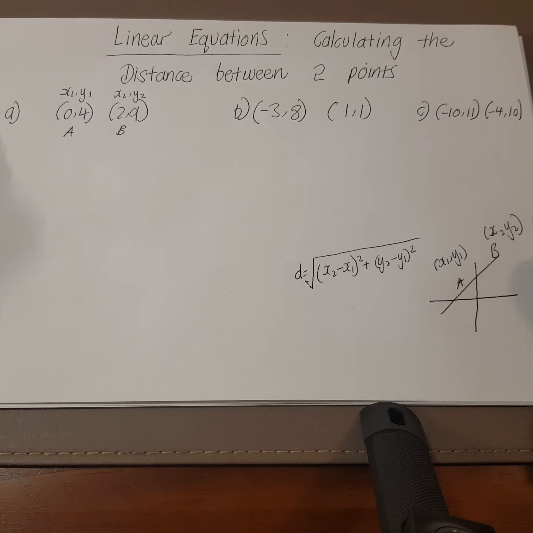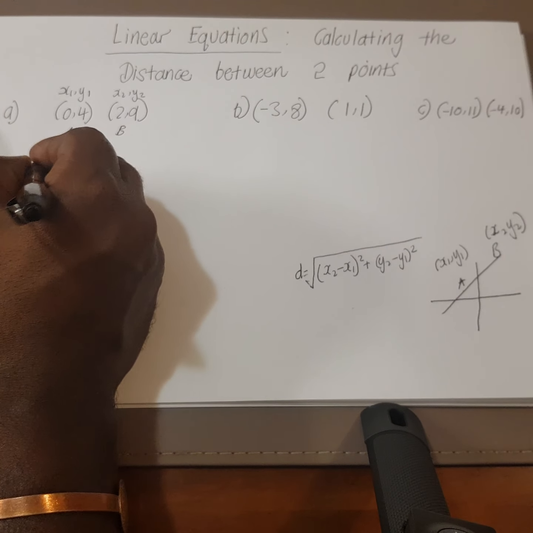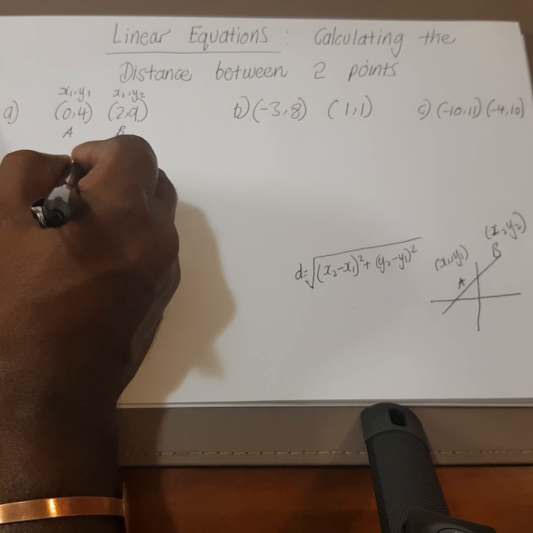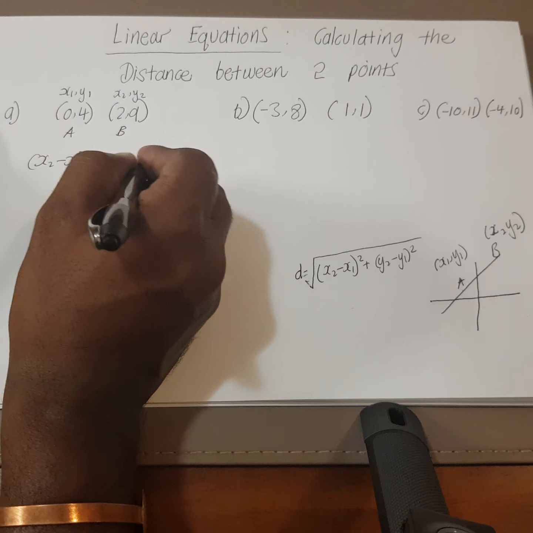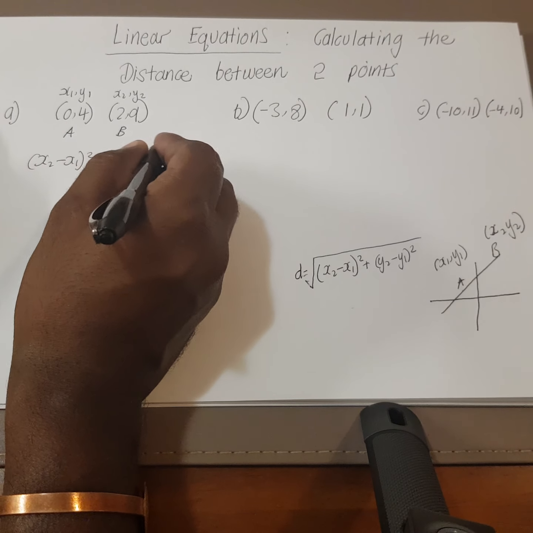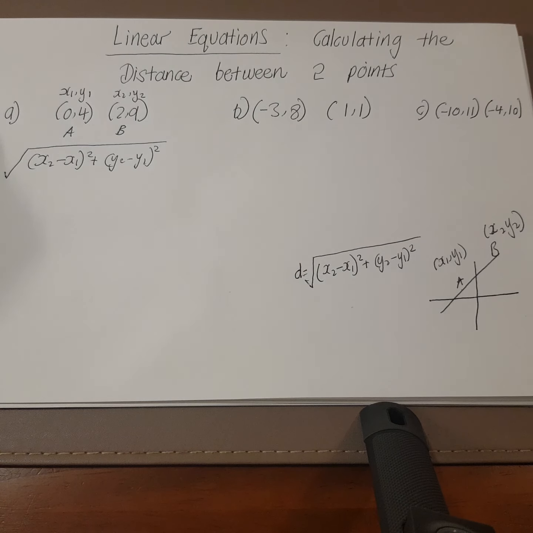The next thing is we need to find the distance. The formula for the distance is D equals the square root of x2 minus x1 squared plus y2 minus y1 squared. Add them up and find the square root.